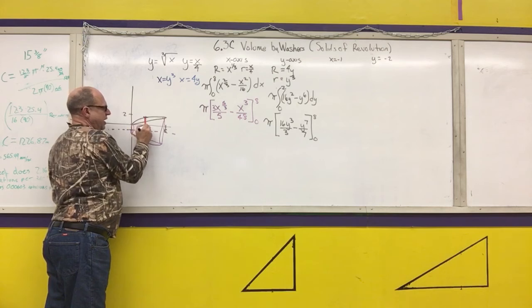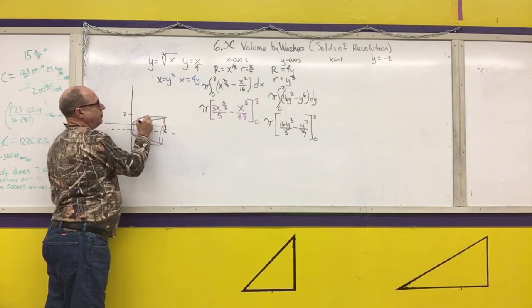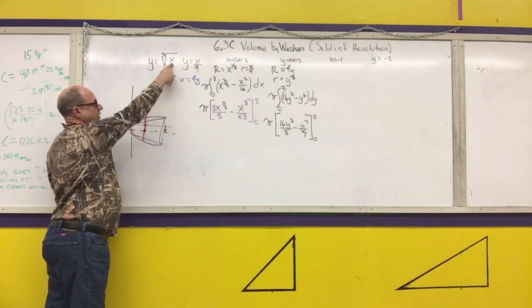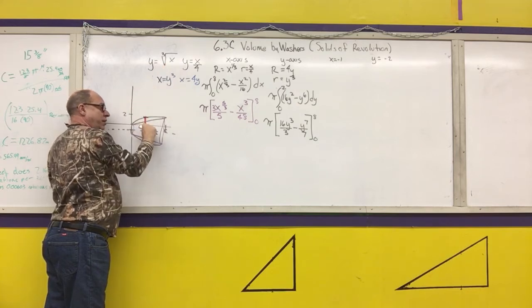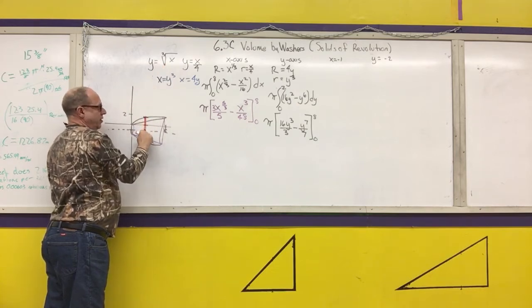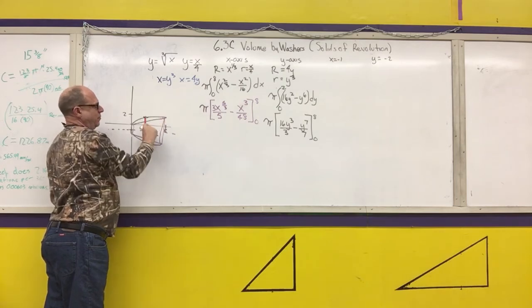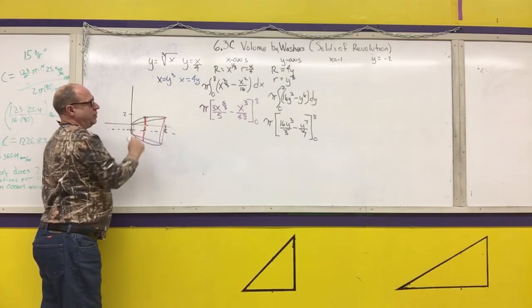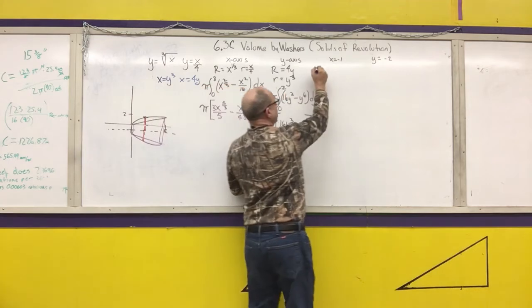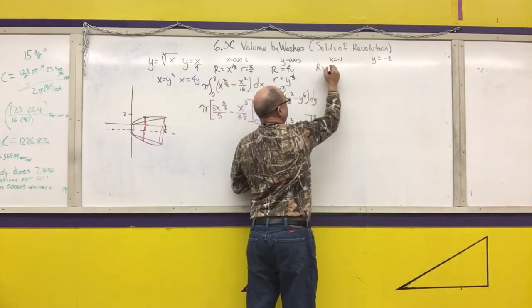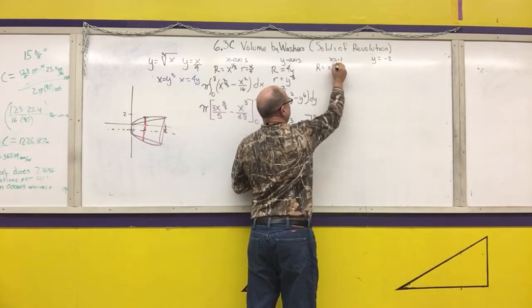Well, the distance from the x-axis to the outer curve is the cube root of x plus 1. Okay, this is the cube root of x for the distance between the x-axis and the curve, plus 1 because of this gap right here. So R is equal to x to the 1/3 plus 1.